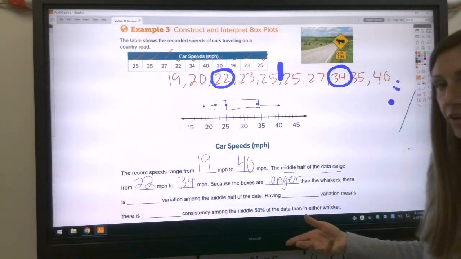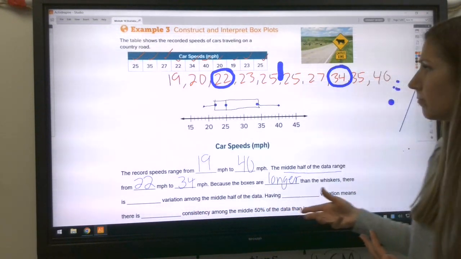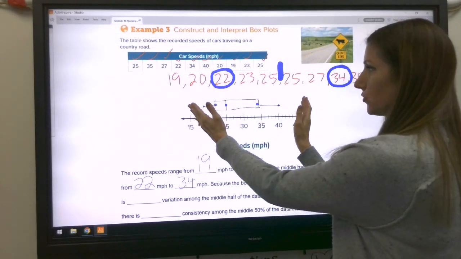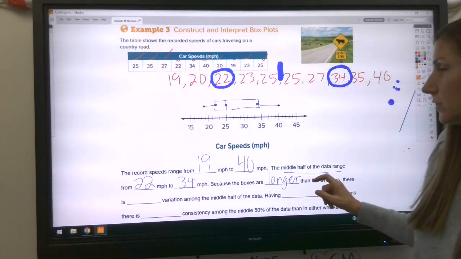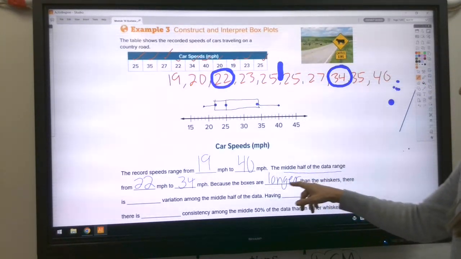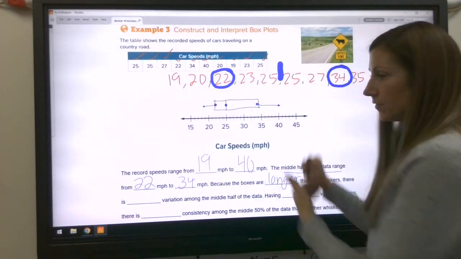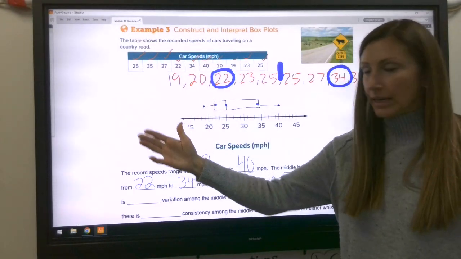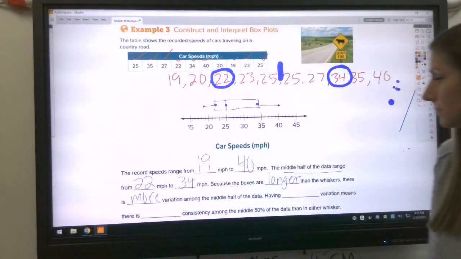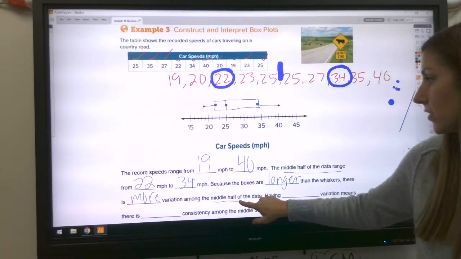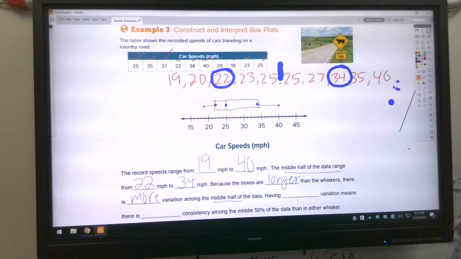Is there more of a variation between our middle of our data, or is there less? Well, if our boxes are long, then there's a long variety that you could fall in. So there's more variation compared to the middle of the data.